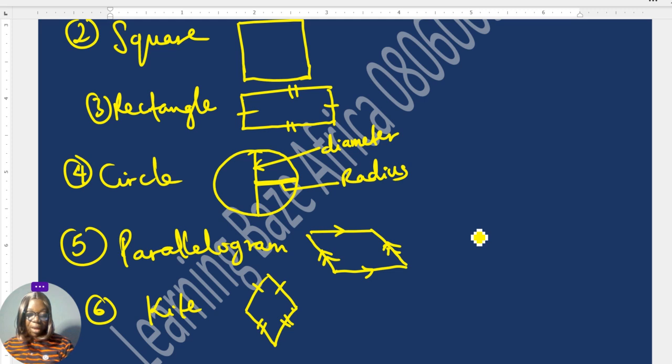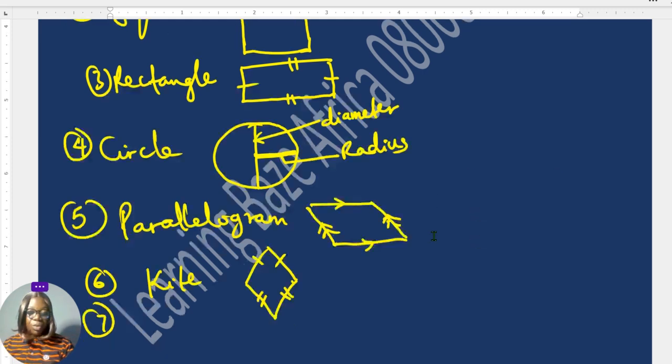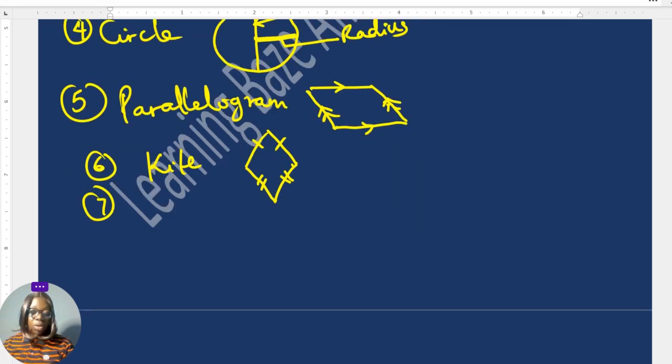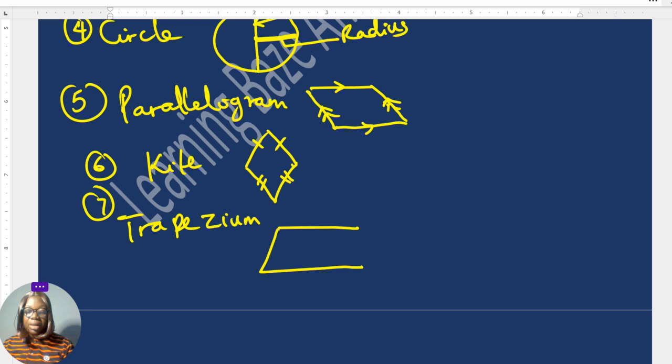Another plane shape I can remember right now is what we call the trapezium. So a trapezium has two parallel sides, while the other two sides are not parallel. These are the parallel sides of a trapezium, and this is the height of the trapezium.